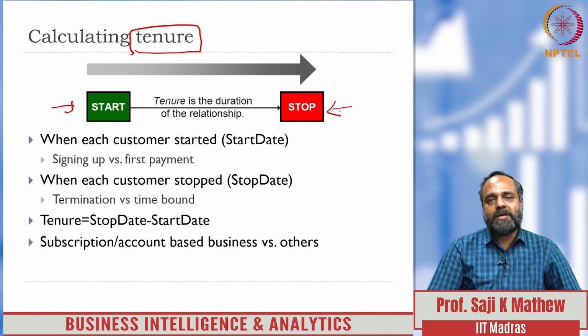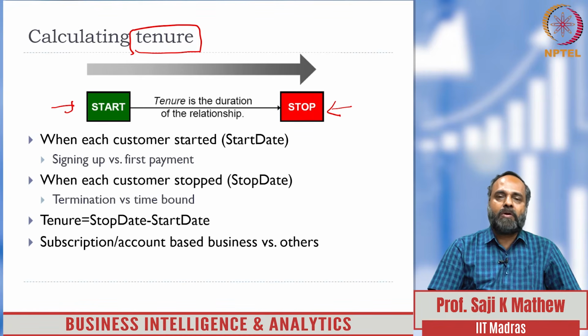A customer starts a relationship with the business at some point in time. So there is a date stamp when the customer became a customer, and it is also possible that the customer has left you, especially in a subscription based business. A customer stops subscriptions, so the customer is no more a customer.